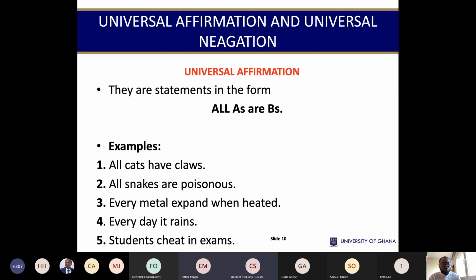You use words like all to indicate that you are giving a universal affirmation. So they are statements in the form of all A's are B's. If I say all UG students are good students, that is a universal affirmation.